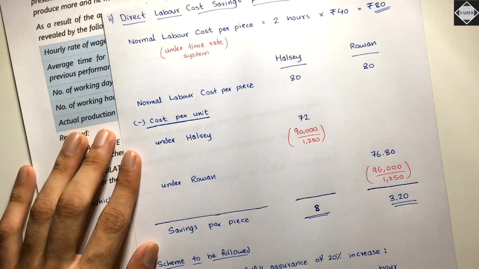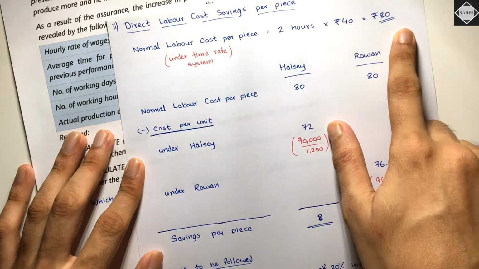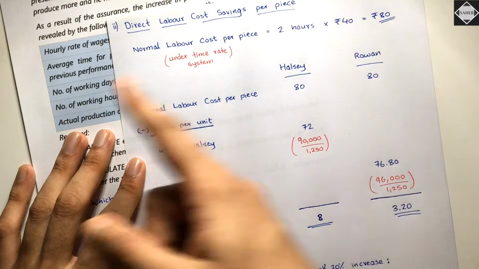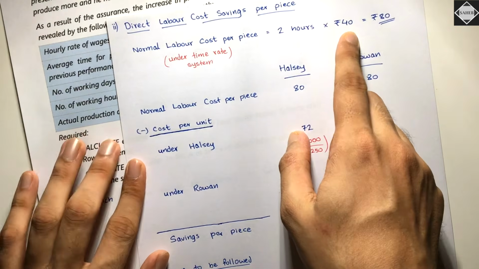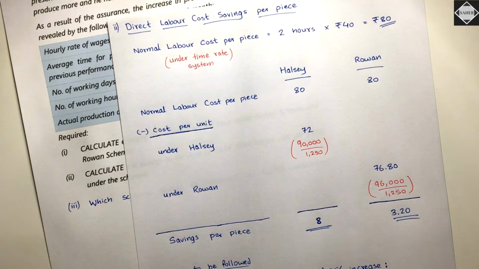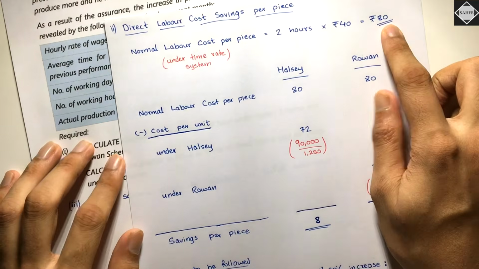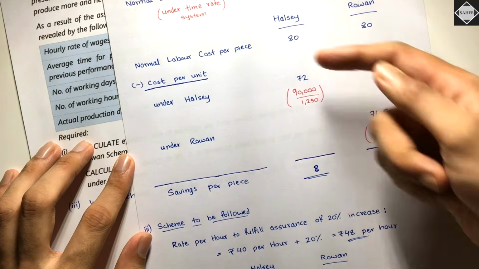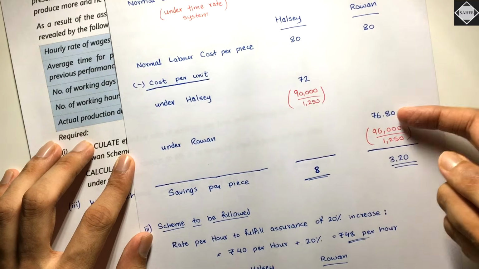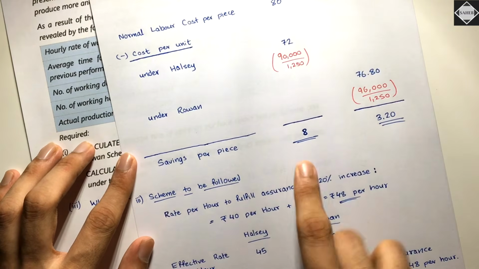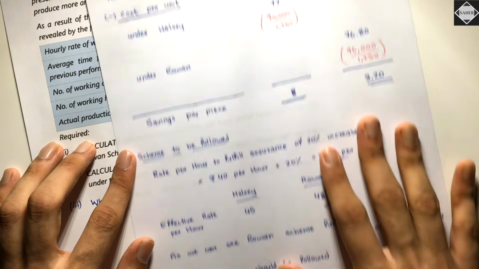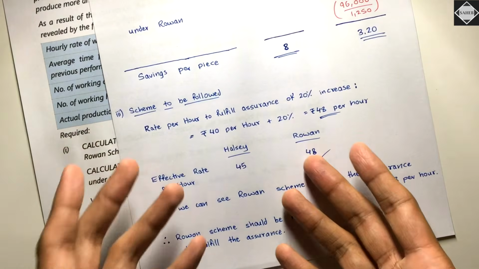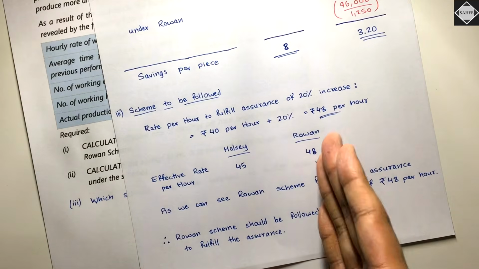And then we first calculate the normal labor cost per piece just by looking at the question. 2 hours to make one piece, so 2 hours into the time rate of rupees 40, that's 80 rupees. And then we just compared old minus new, we got the savings. If it's positive, it's savings. If it's negative, then it's loss, extra cost. And then also, to fulfill the assurance, we have to select Rowan.